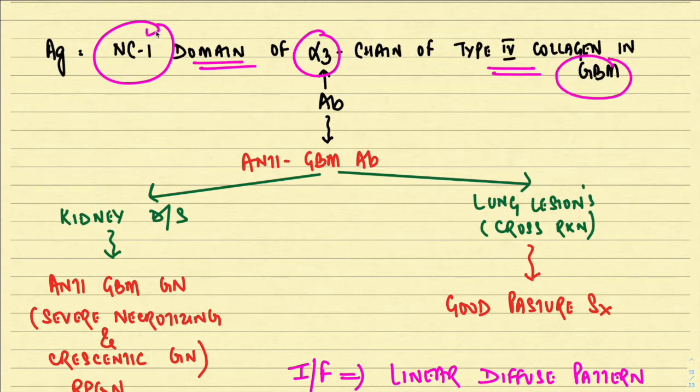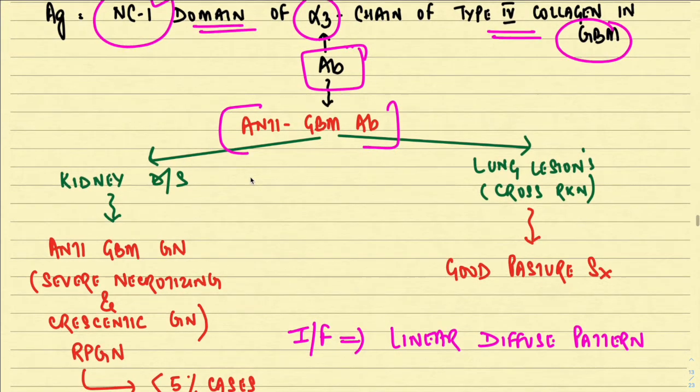Normally this is a normal component of the glomerular basement membrane. Now the antibodies are directed against this component, and the disease is called anti-glomerular basement membrane glomerulonephritis, and the antibody is called anti-glomerular basement membrane antibody.